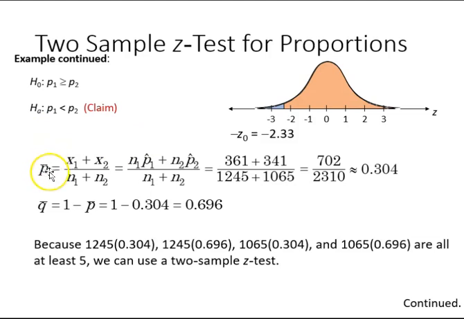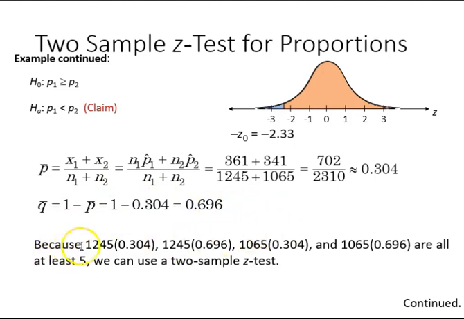And our p bar is going to be calculated using the x1 and x2 values, which are substituted in: n1 p1 plus n2 p2 over n1 plus n2. That gives us 0.304. And our q bar is just going to be the complement of p bar, so 1 minus that gives us 0.696.